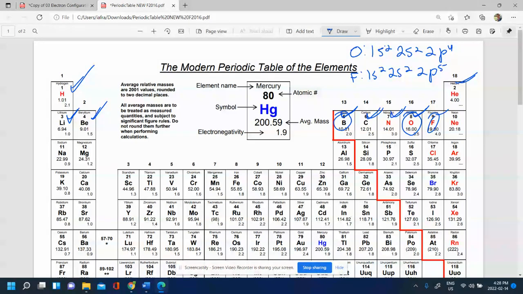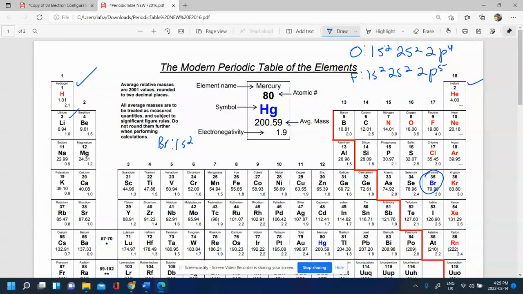We'll do another one. We'll do bromine. Bromine's a bit of a busier one to do. Let's go ahead and try it out. So bromine is over here. So we have 1s1, 1s2. Okay, 1s2 is filled out.